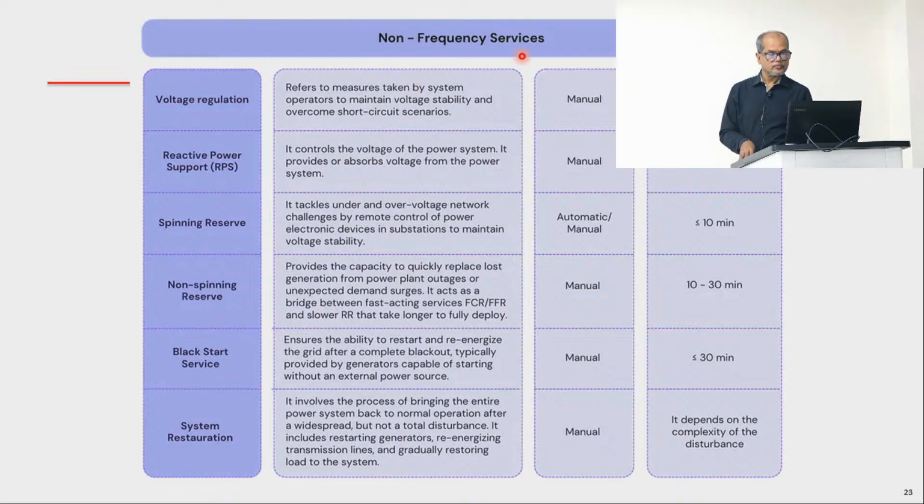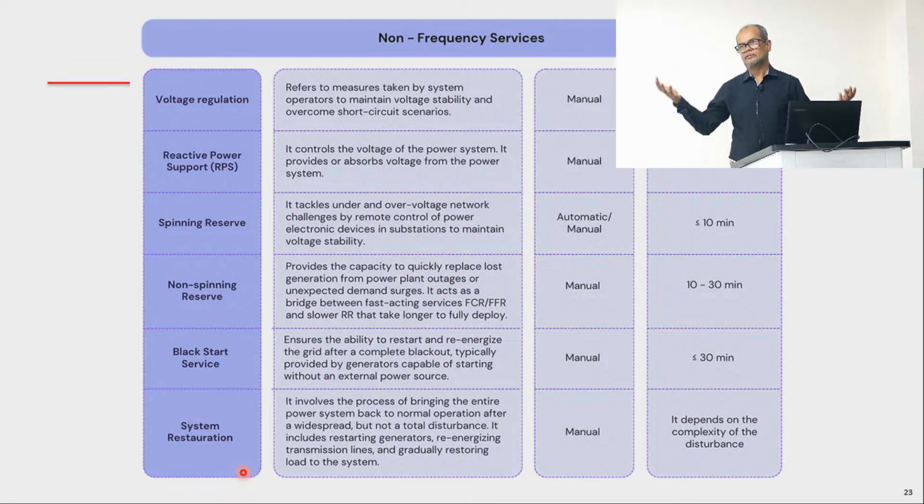Now, much of voltage control is still manual, but nowadays OLTC and other things are becoming automatic as well. FACTS devices operate automatically, but black start and other things are still done manually, because the system has collapsed and it is not automatic.